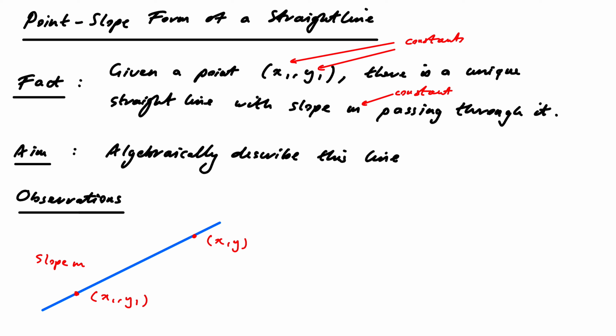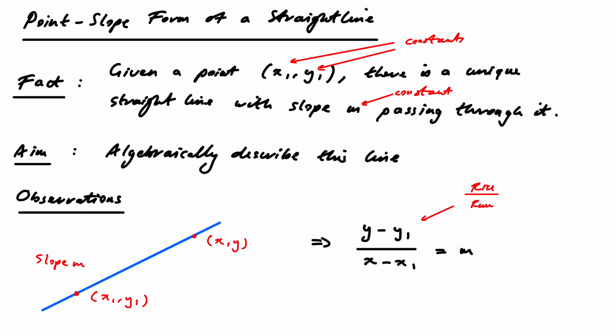So if I've got this situation, what do I know to be true? Well, if x and y at least are away from x1 and y1, I know that I can apply the rise over run formula. So y minus y1 divided by x minus x1 has to be equal to m. This is just my rise over run formula for the slope.